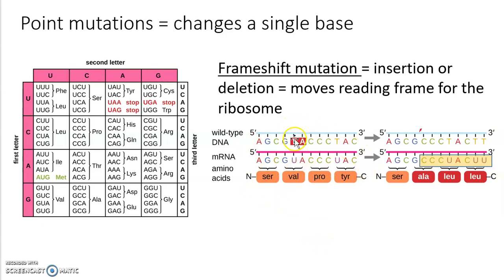Only now you've thrown an extra letter into there, or you've deleted a letter, and that's going to cause all of the amino acid codons that are there to be shifted over by 1, depending on if it's an insertion or a deletion. And now all of those amino acids are going to be off, and this could potentially result in the creation of a completely new protein that's out there.